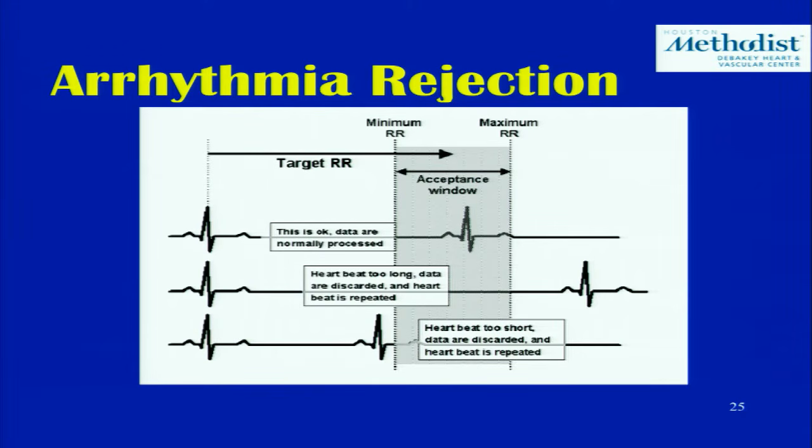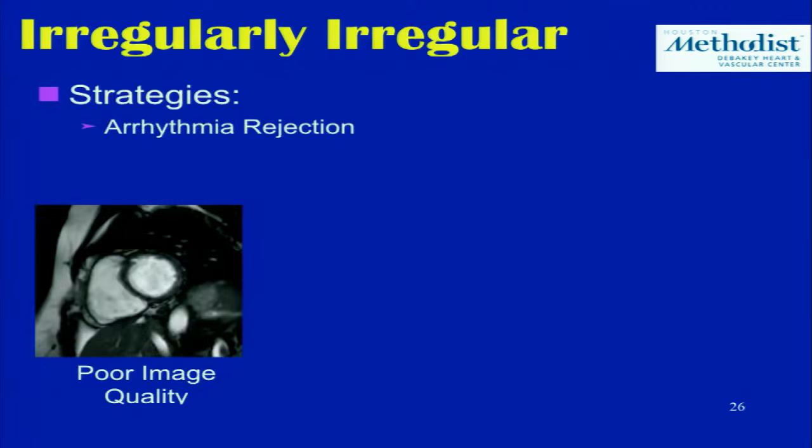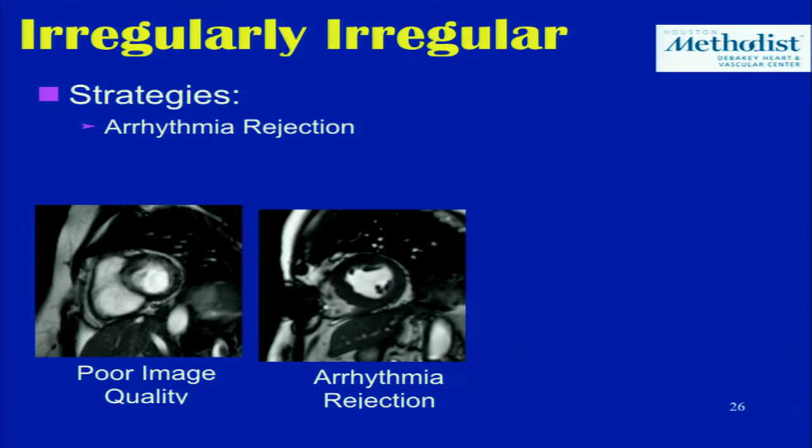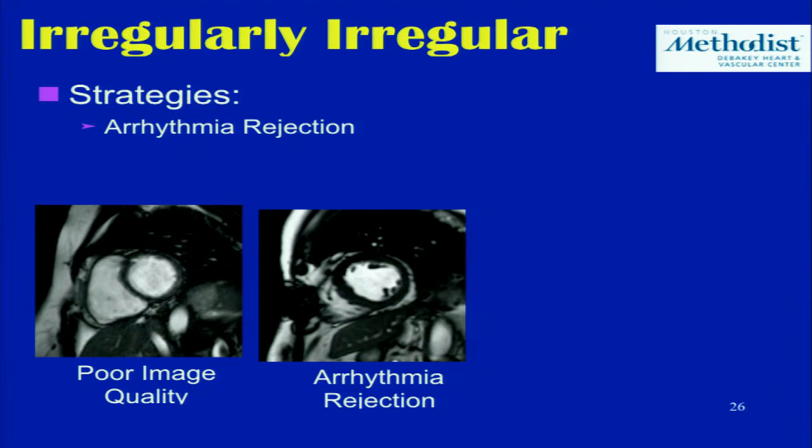So if I know that it normally is around 800 milliseconds, I'll say acquire all beats that fall between 700 to 900 milliseconds after the previous RR interval, but discard anything that's too short or anything that's too long when you reconstruct the image. And then I can go from having poor image quality, like this example here, to now having very good image quality, because again, I'm discarding the ectopic beats.